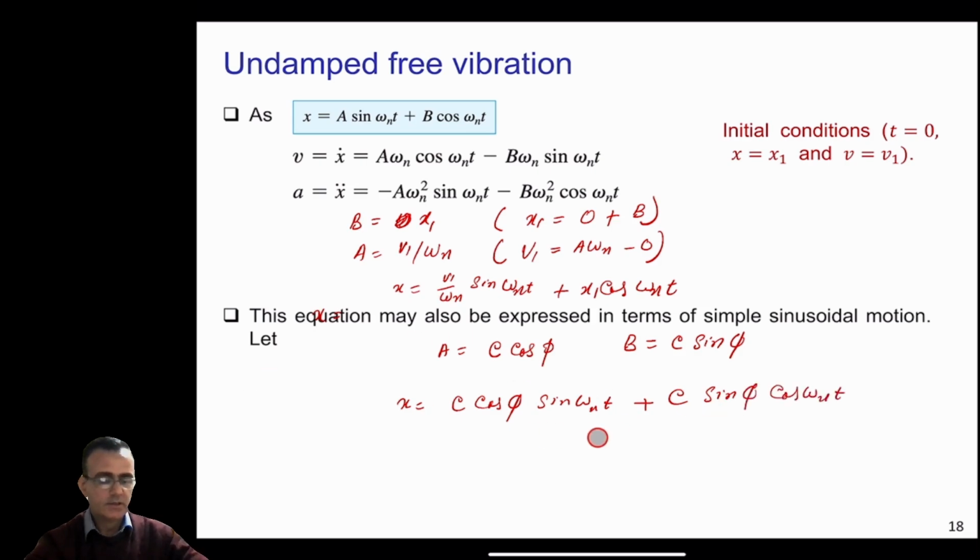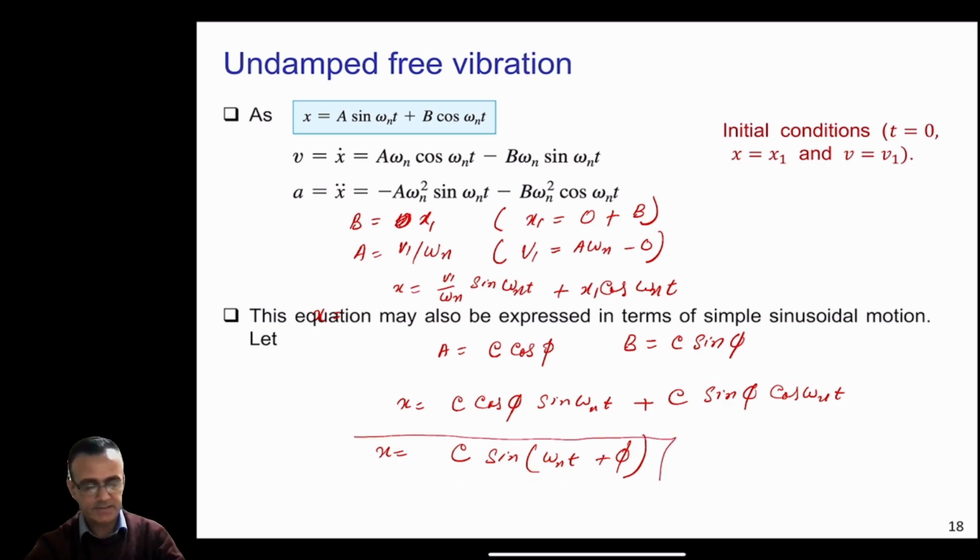We know this can be written as x equals c sine of omega nt plus phi. So we can write x in terms of c and phi, which is another way to express this equation. The earlier form is a bit complicated, consisting of sine and cosine, but this is a simple equation with only one sine function.